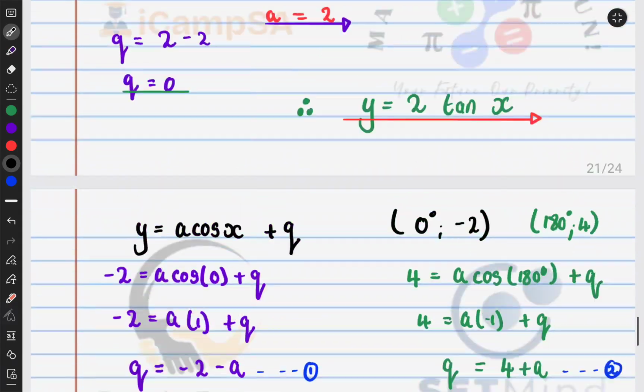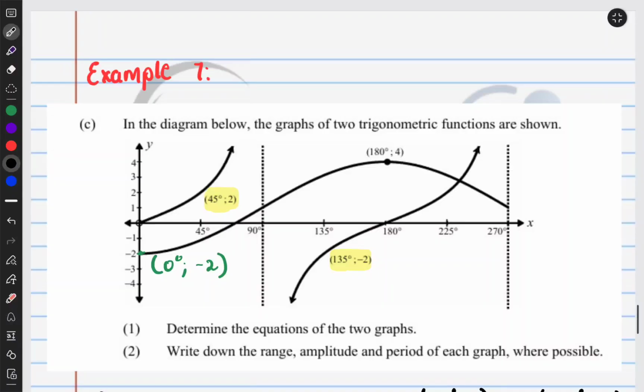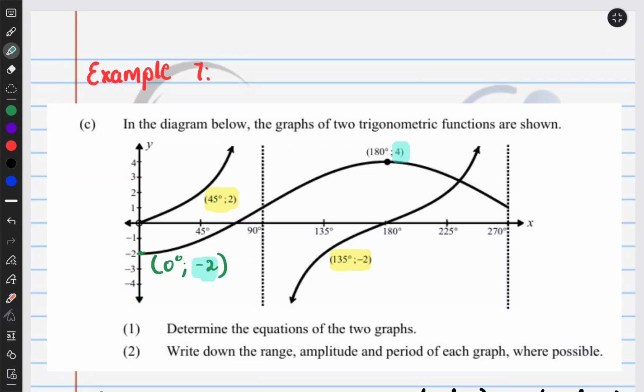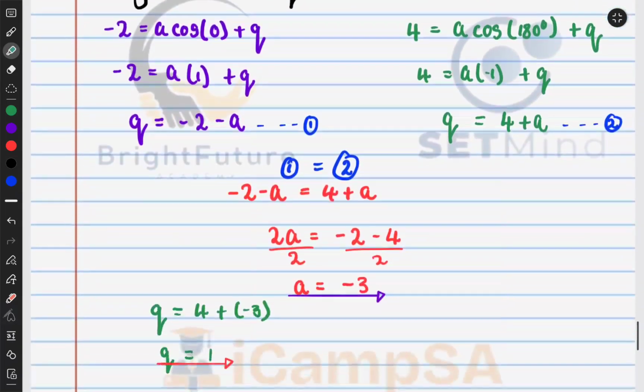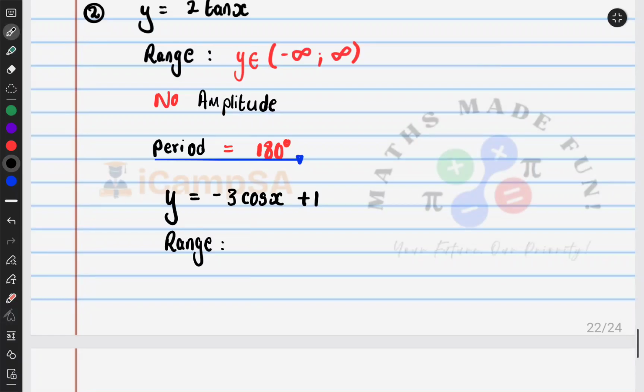What is the range for this function? We come here and know that the minimum value of this function is negative 2 and the maximum value is 4. So our range is y is an element from -2 to +4.